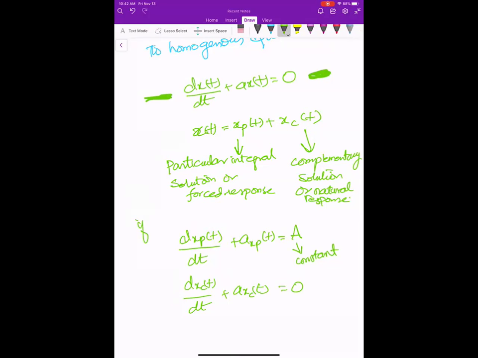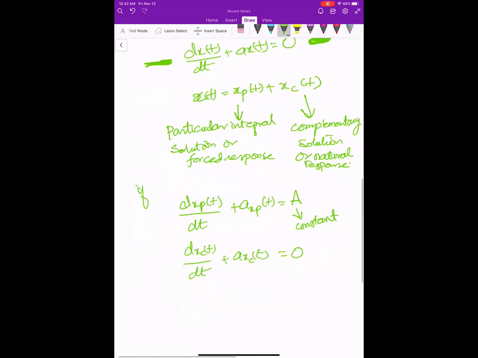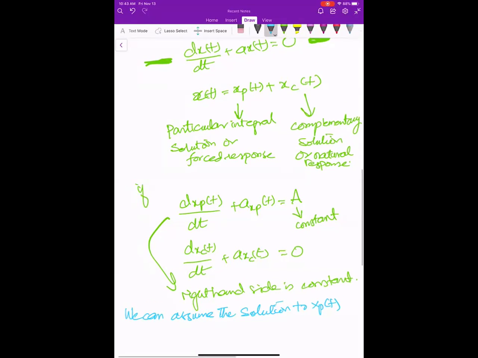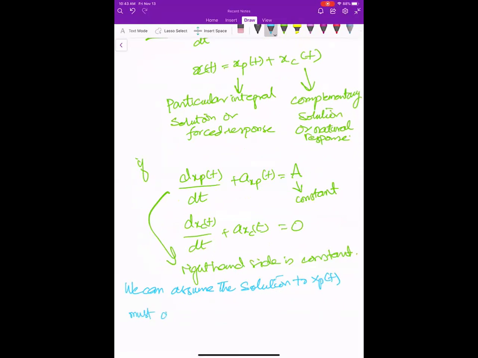So, okay. So the forced response says, as we know, that the right-hand side is constant. So we can assume the solution to xp of t must also be a constant.